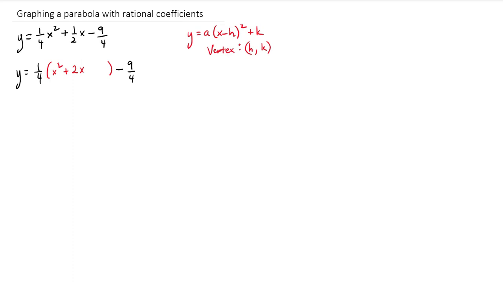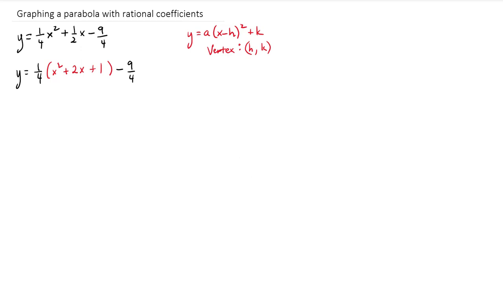Now in that space we're going to complete the square. And the way we do that is we divide the coefficient of 2 here by 2, which is 1, and then we square that 1. But 1 squared is just 1. And then we put that 1 right here.